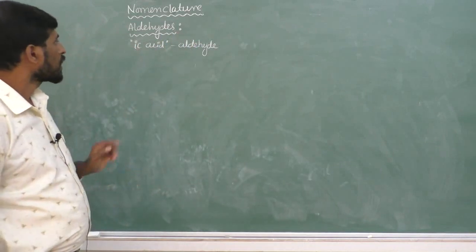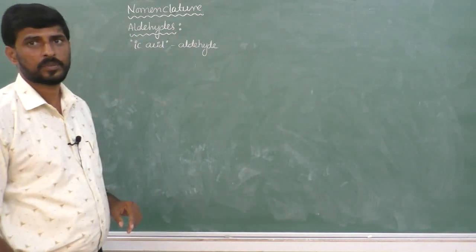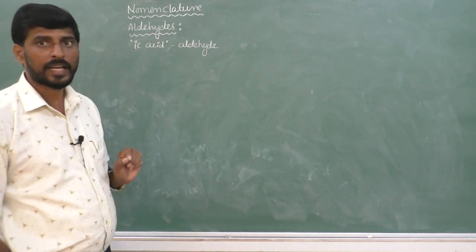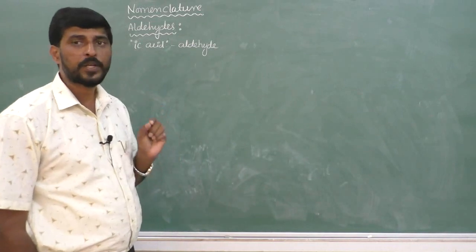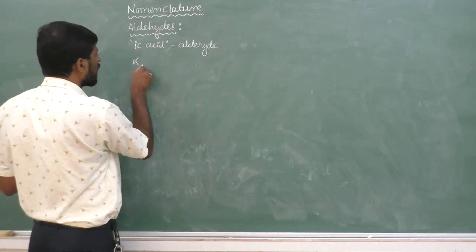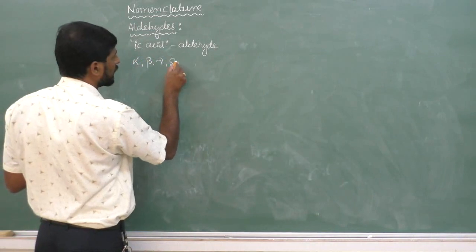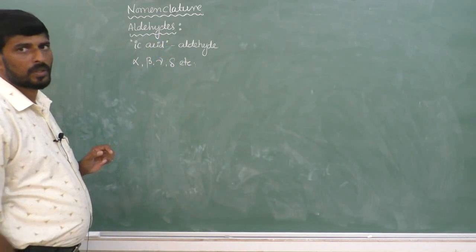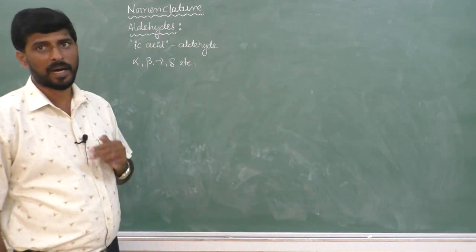Next, suppose any substituent groups are present on the selected parent chain, then these substituents are indicated by using Greek letters, that is alpha, beta, gamma, delta, etc. Which carbon atom is alpha? Which is beta? Which is gamma?